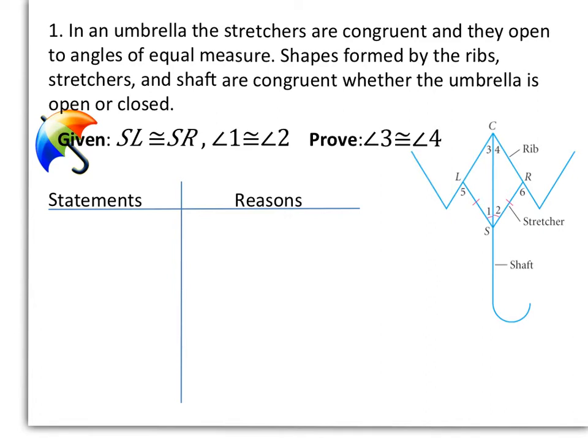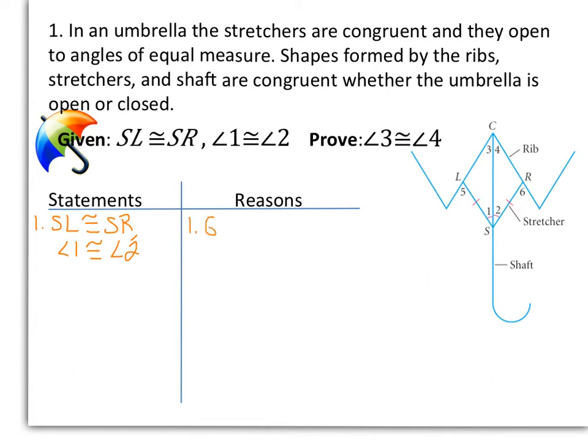So before we can prove that our two angles are congruent, we first have to prove that our two triangles are congruent. So just like our previous proofs, the first thing we're going to do is write down our givens. So number 1, we have SL is congruent to SR, and angle 1 is congruent to angle 2.